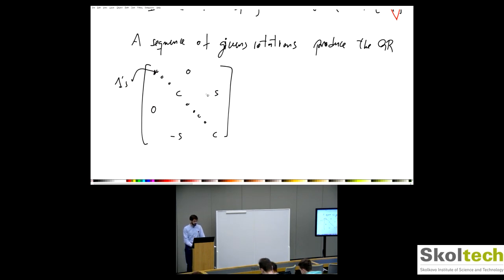So what is this matrix doing? We have a diagonal that is ones, it's almost the identity, except for these elements, this cosine and sine, same as we had before. So in this case, this is going to be our new phi matrix.